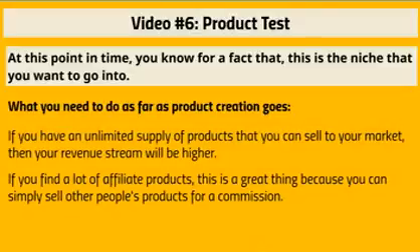A shortcut for that is what we call private label rights products. What that means is you have somebody who has created a video course or a report or ebook or some sort of product, and they are giving you the rights to put your name on it and make it your own. The person creating the private label product, their name is not on it, so you pretty much get all the credit.